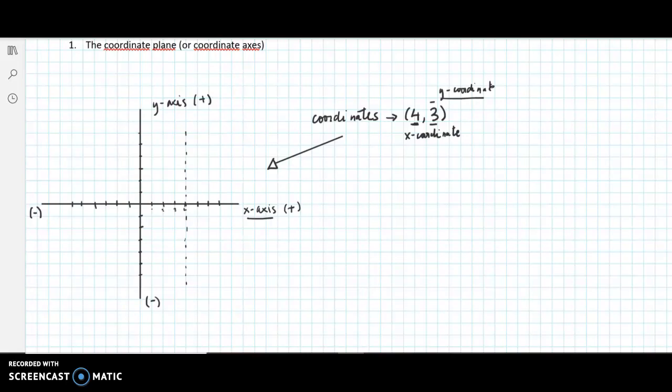Number 3 is a positive number, so is up. So we have 1, 2, 3, and we are going to make a discontinuous horizontal straight line, right? And at the intersection of these two discontinuous lines, we have a point. This point is the 4, 3.